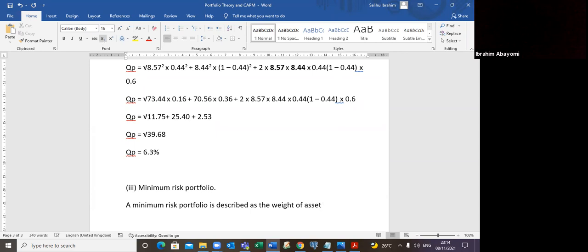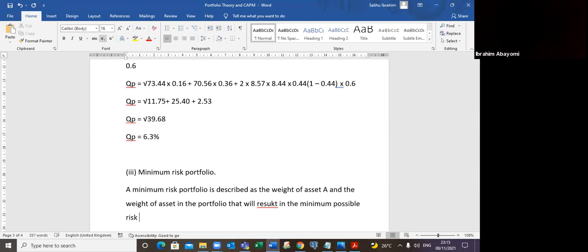The weight of asset A and the weight of asset B that will result in the portfolio with the minimum possible risk, the minimum possible risk of the portfolio.